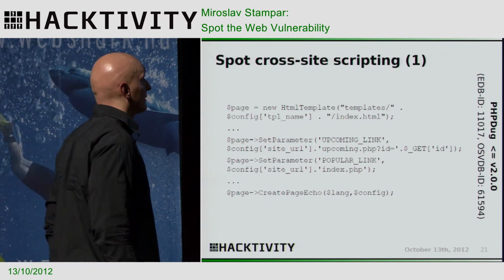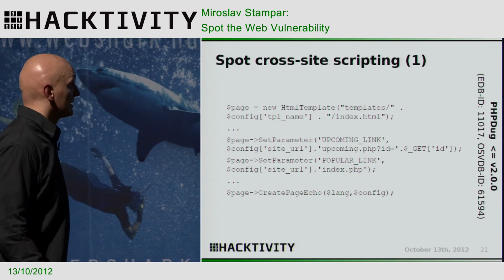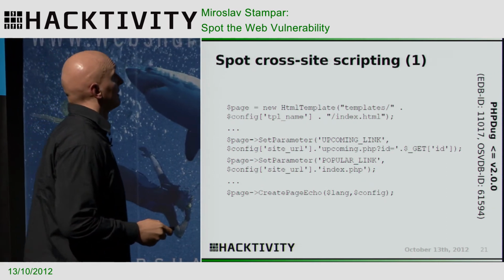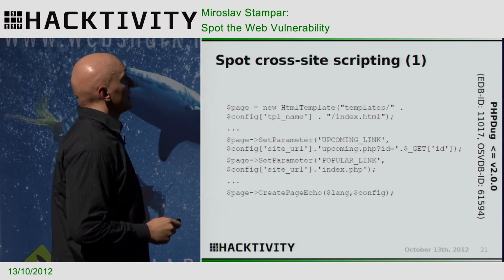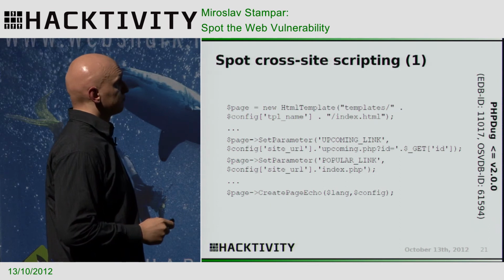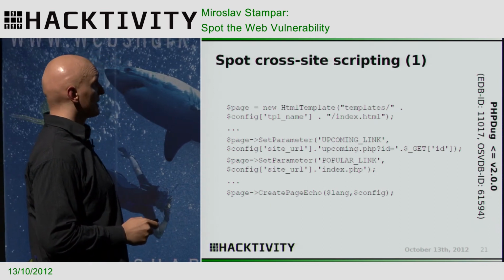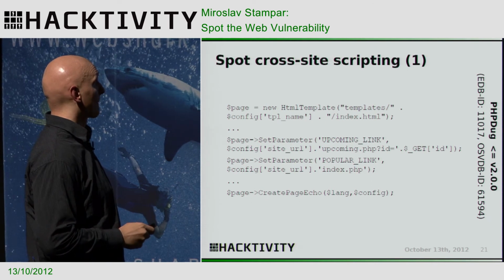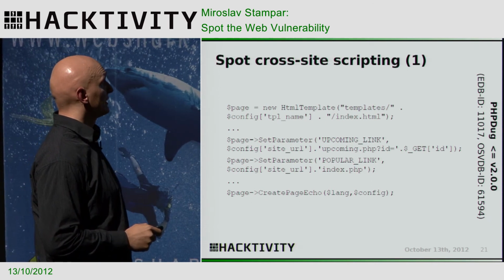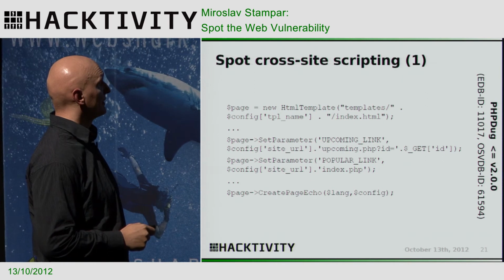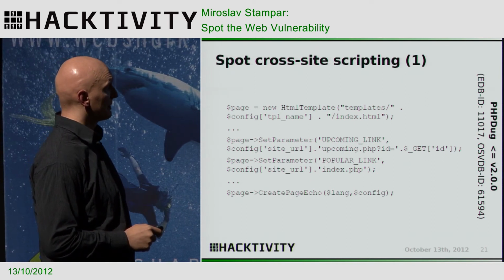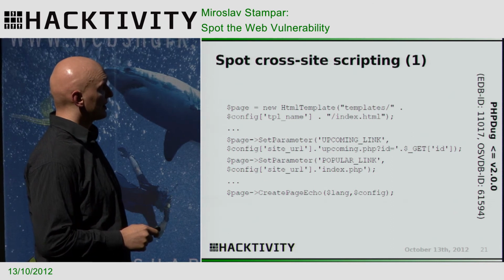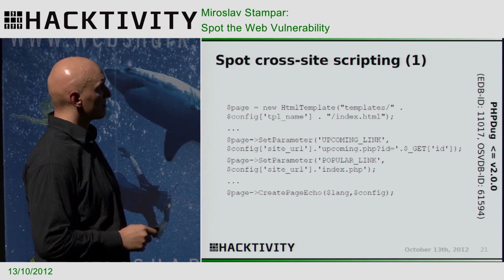Okay, now some examples for cross-site scripting. HTML template is a popular PHP application for templating PHP pages. Here you can see that for filling the template, in this example for the upcoming link parameter value, the GET value of the ID was blindly inserted here.